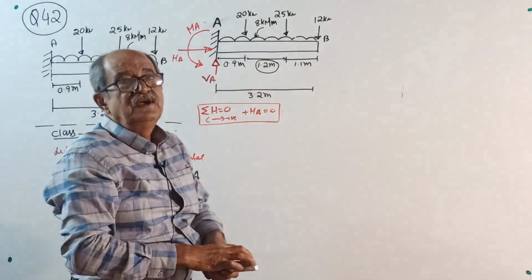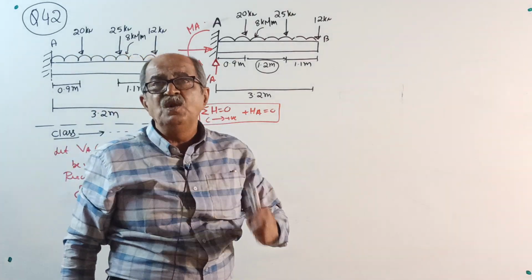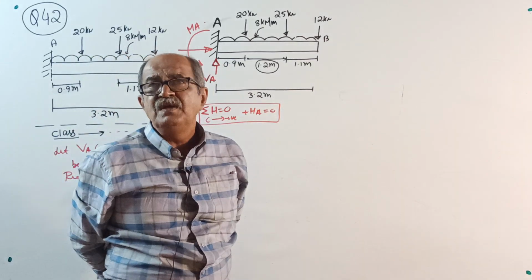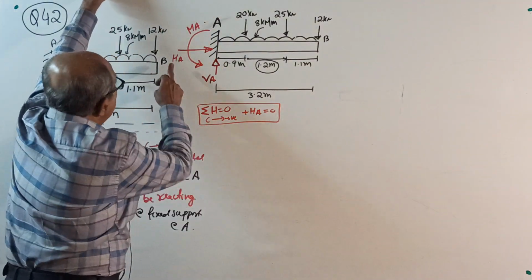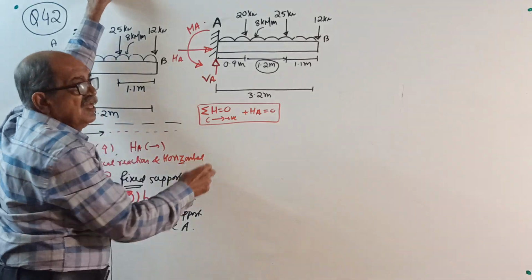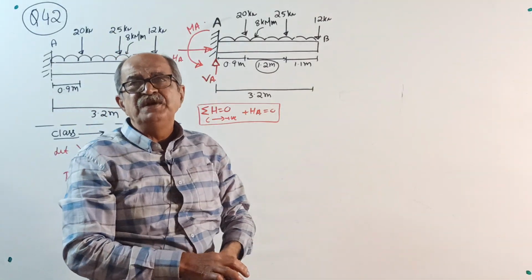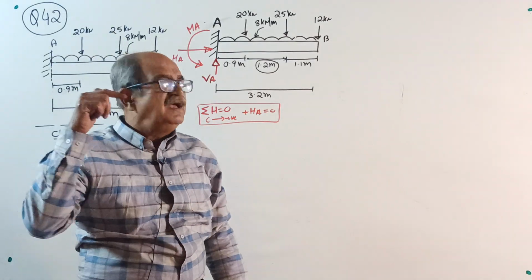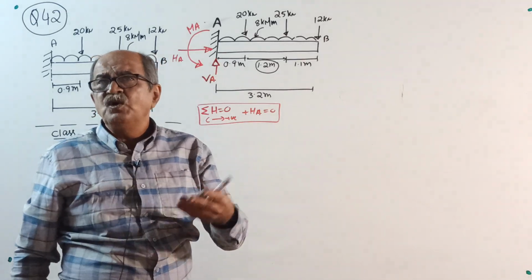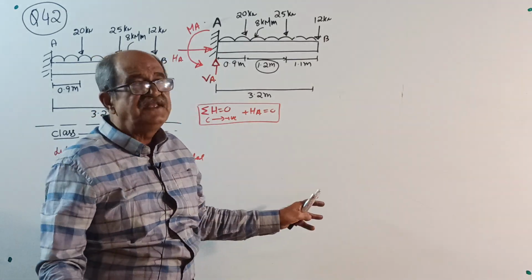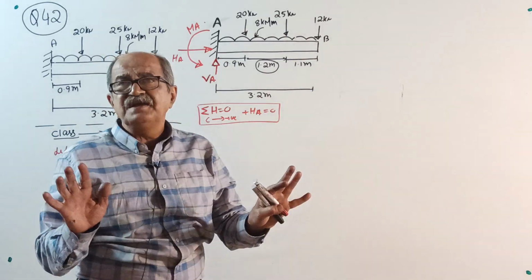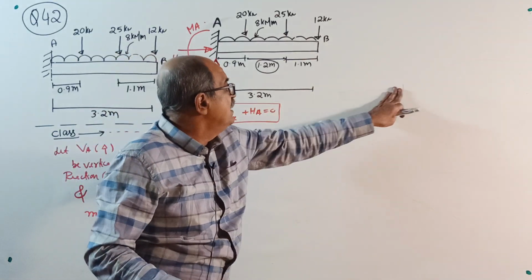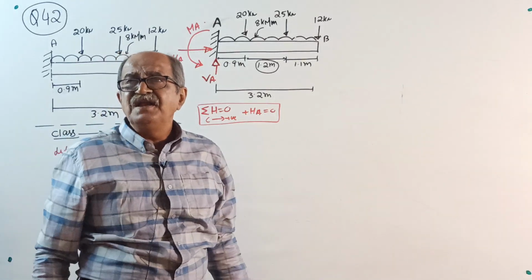Now onwards, till I get horizontal loads on a cantilever beam, I will not waste time every time writing HA, then tell HA equal to 0. 1, 2 or 3 questions I will tell, consider HA in any direction, sigma H is 0, write HA equal to 0. Don't tell HA, it can be HB also, because right side fixed end, horizontal reaction 0. Then I will stop that one till I consider horizontal loads.